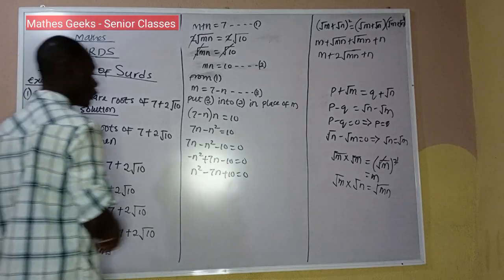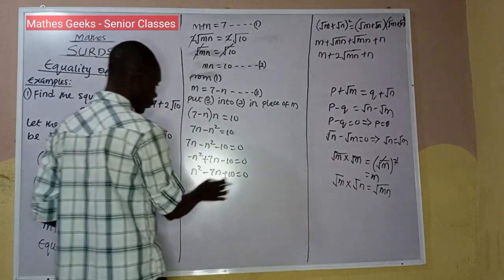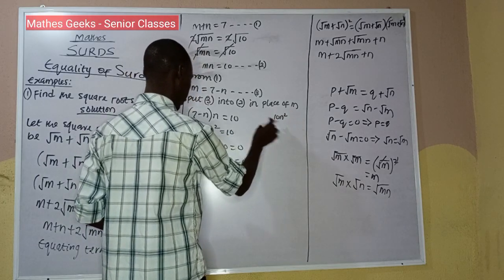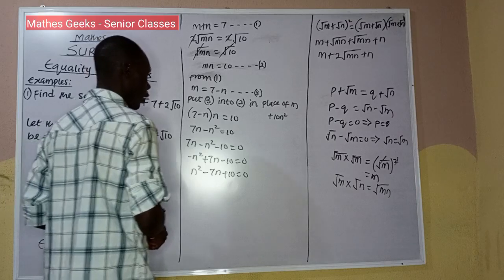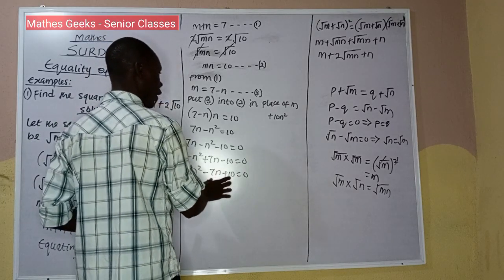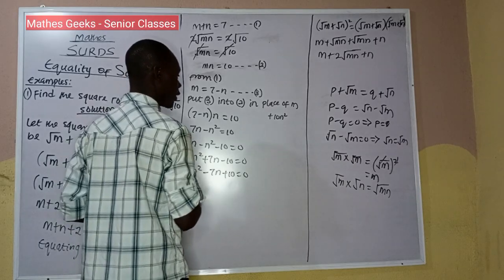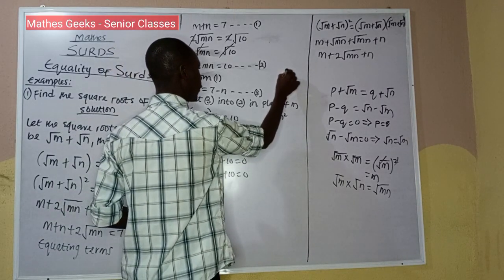So now we're going to solve this as a quadratic equation. We multiply the first and last terms to give 10n squared, remember the sign, plus 10n squared. So we need two factors that, when multiplied together, give 10n squared, and when added, give minus 7n. Since the middle term is negative, the factors are negative. The factors of 10 are 5 times 2.